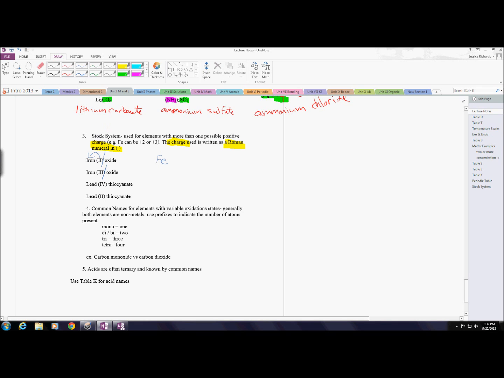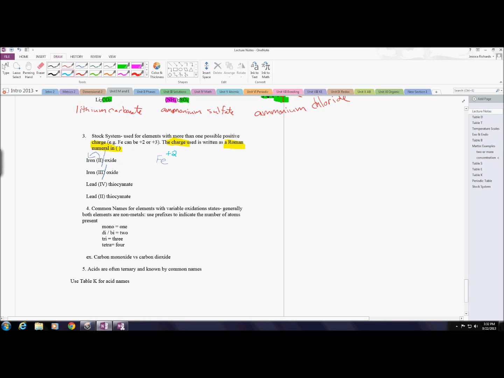It's in parentheses. It goes with the positive ion in front. It doesn't tell me how many. It tells me the charge, and it's always telling me the positive charge. So if this is iron 2, that means I have iron +2, Fe +2.